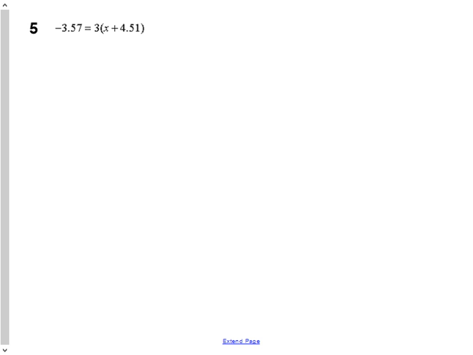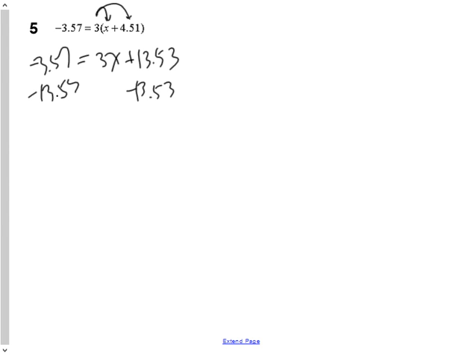I think we do this one with distributive property this time, so I'll expand. 3x plus 13.53 is equal to -3.57. Subtract. Did I do that right, by the way? Yeah. You end up with 3x is equal to, what's that going to be? Negative 27.1.